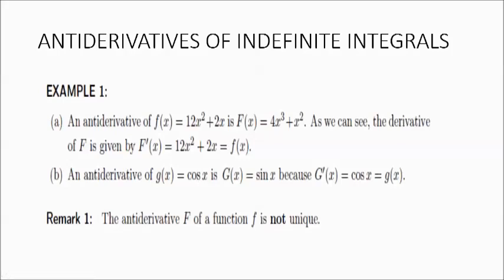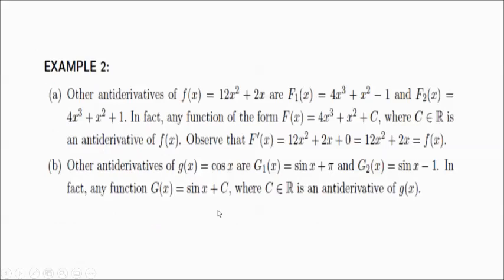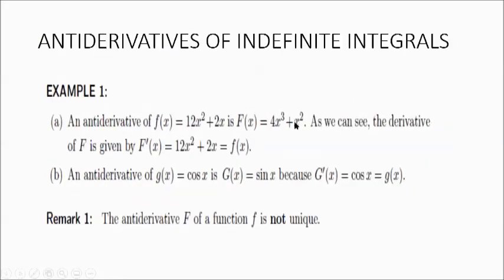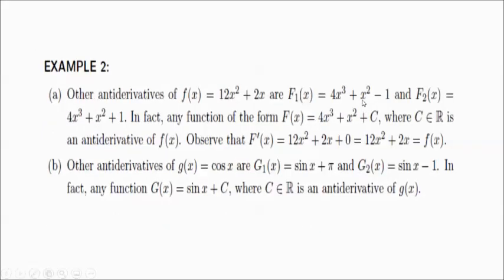Okay? But take note, class, the antiderivative is not unique. Why? For example, from here, this is our integral or antiderivative, 4x cubed plus x squared. Now let's add a constant, in this case, minus 1.